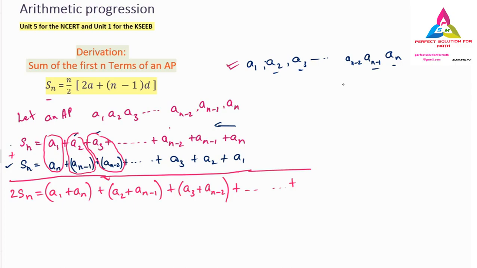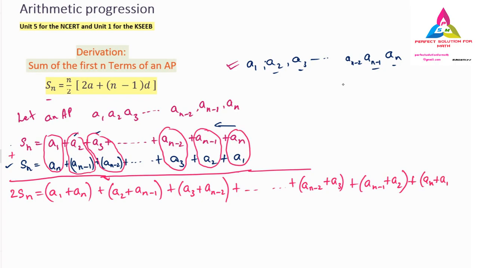After so on, what do we have? a_{n-2} plus a3 plus a_{n-1} plus a2, lastly plus a_n plus a1.